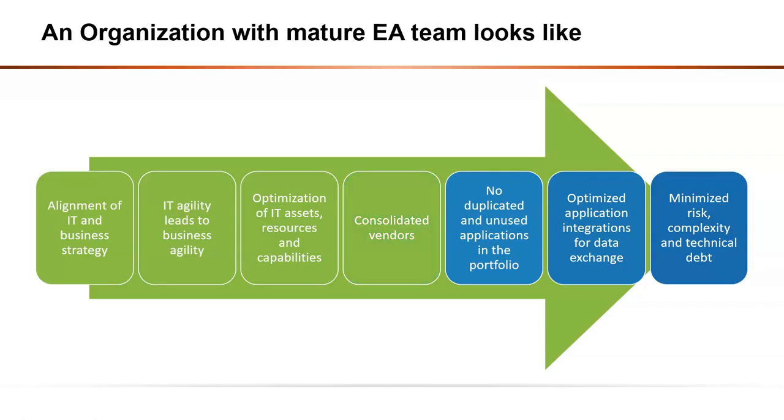Instead of having hundreds of vendors, there may be a manageable vendor size, and no duplicated and unused applications in the portfolio, and optimized application integration for data exchange, because no application can sit isolated, so they need to exchange data with something one way or another. And then minimized risk, complexity, and technical debt.